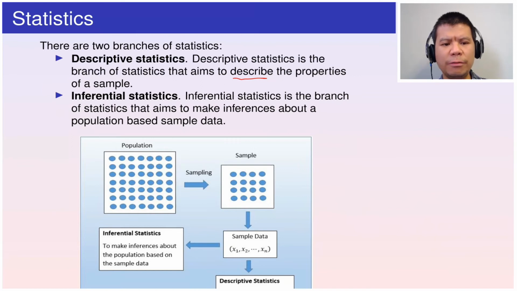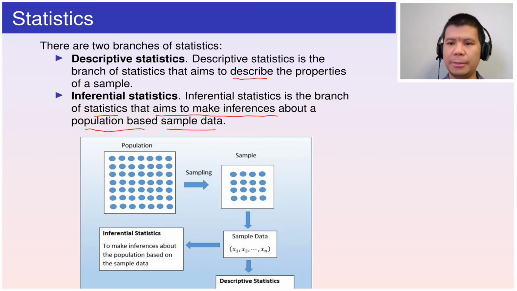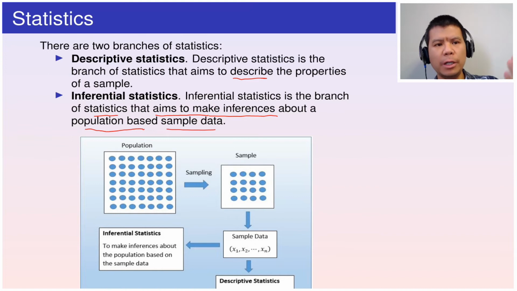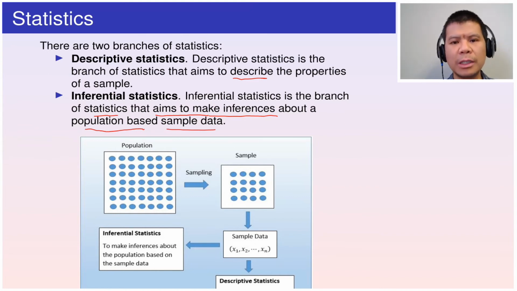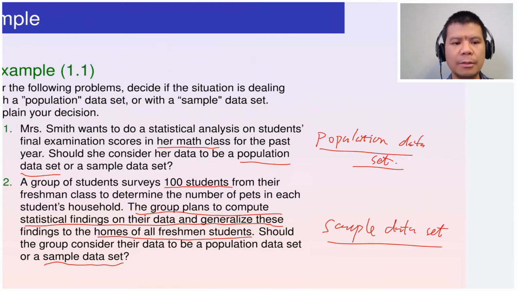Another branch is called inferential statistics, and inferential statistics is a branch of statistics that aims to make inferences about a population based on sample data. Like what we considered in the first example.